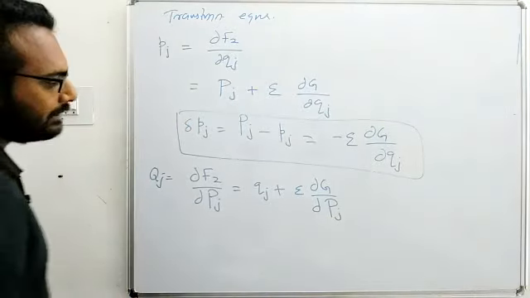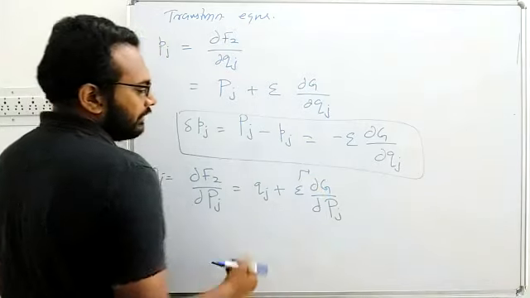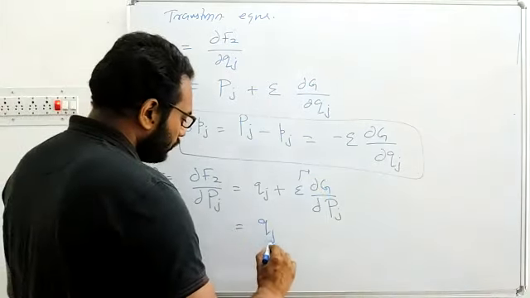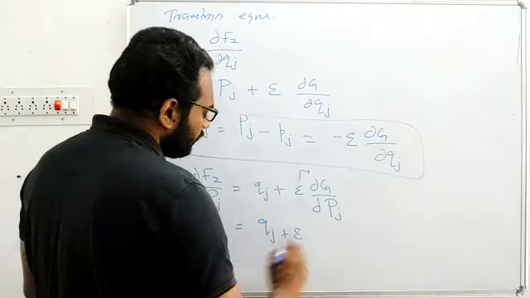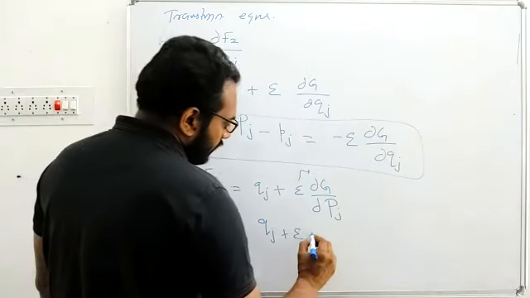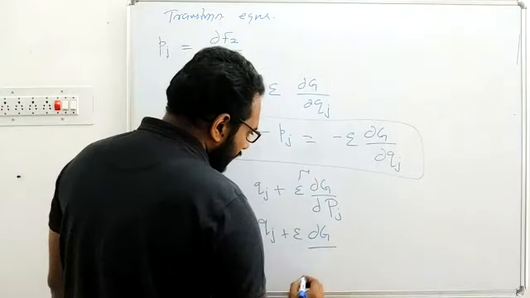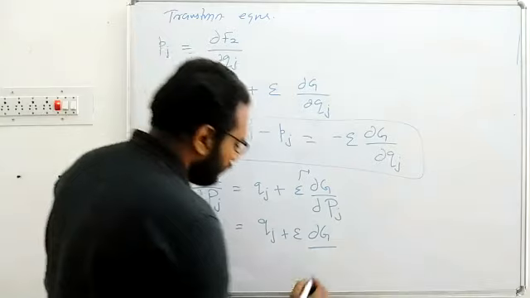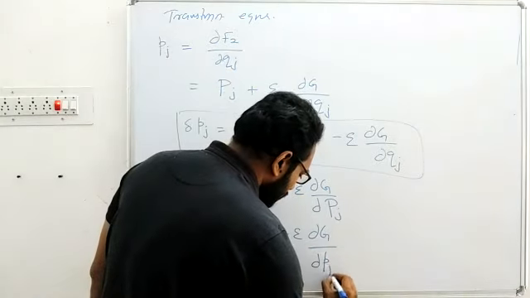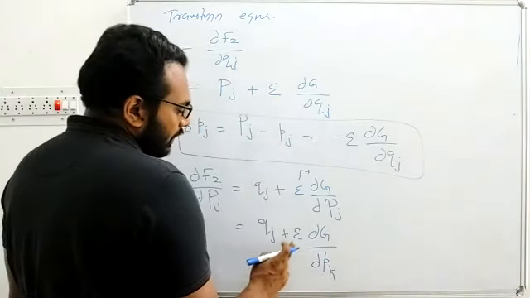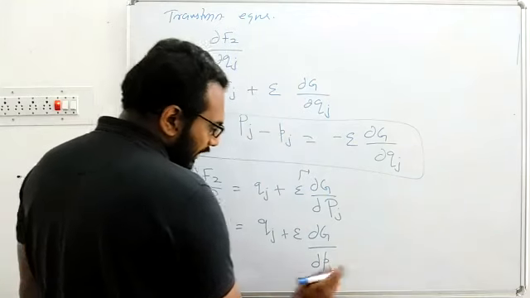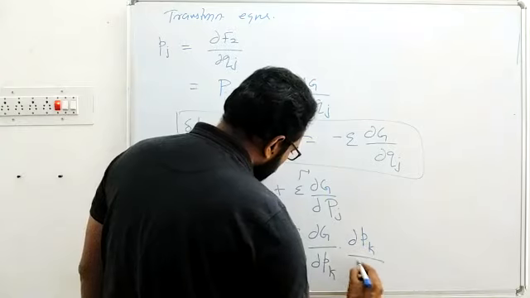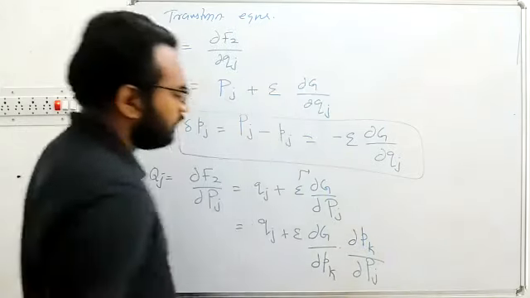Now, as I said, we need to take only first order terms in epsilon. We can still simplify this term. So this can be written as Qj plus epsilon dou G by dou small pk multiplied by dou pk by dou pj.